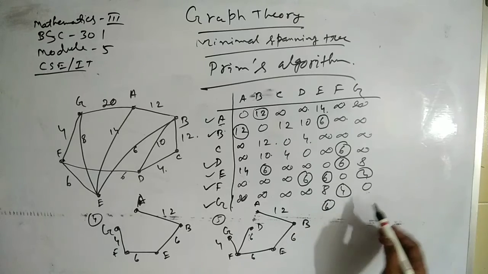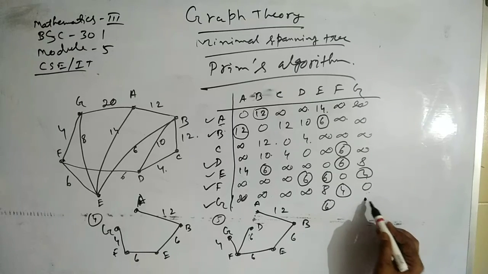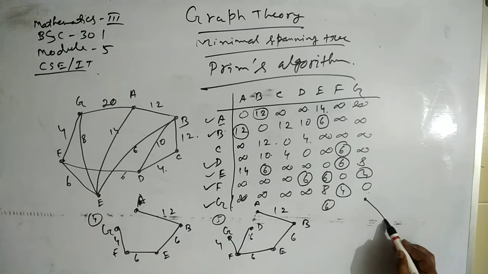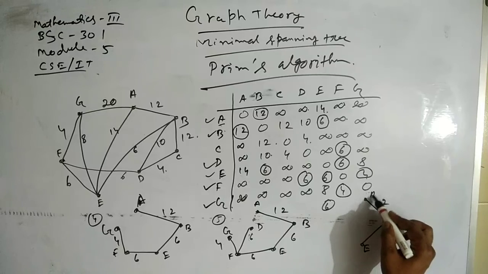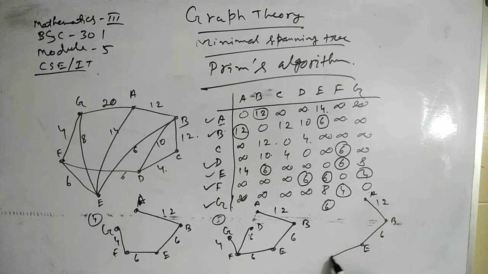So step number 6, just draw the previous graph. First 12, 6 BE. Okay, EF is 6, FD is 6, FG is 4.